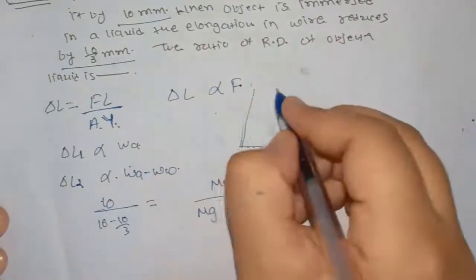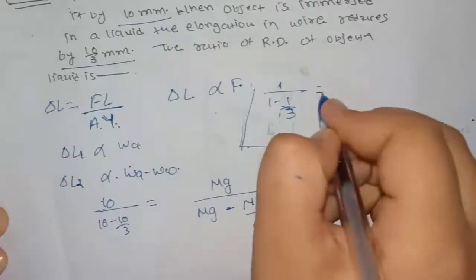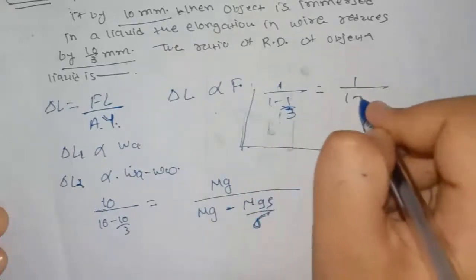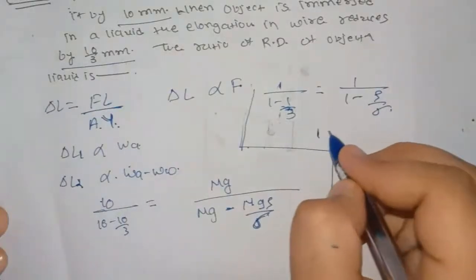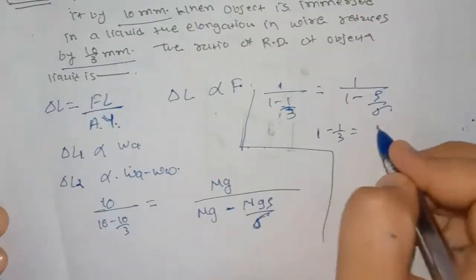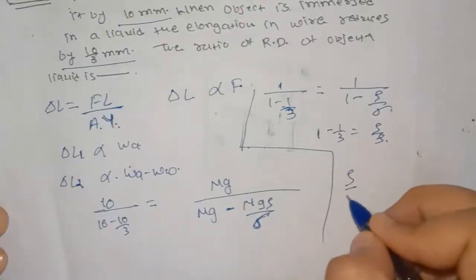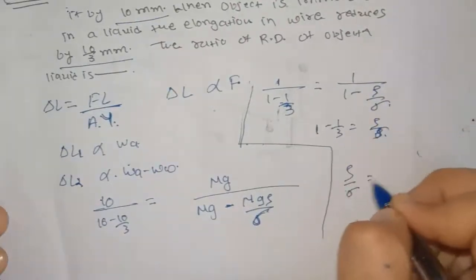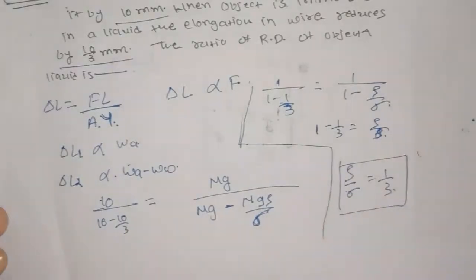So 1 upon 1 minus 1 by 3 will be equal to 1 upon 1 minus rho upon sigma. So 1 minus 1 by 3 is equal to rho upon sigma. So we can write rho upon sigma is equal to 1 by 3. So this will be our answer.